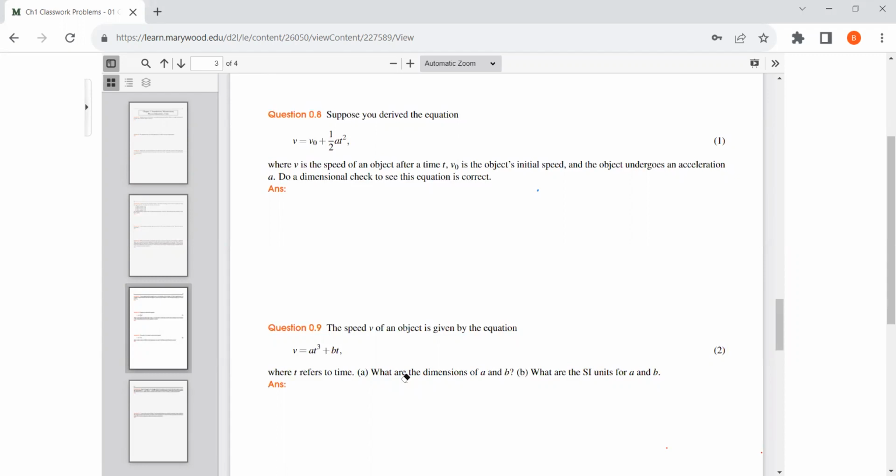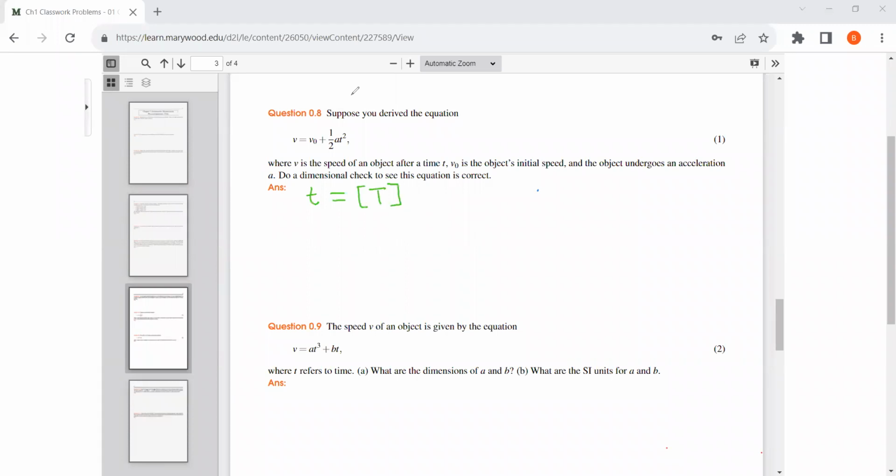In this equation, v is the velocity or speed, the final speed. v0 is the initial speed, a is the acceleration, and t is the time. The dimension of t is this, that we already know.